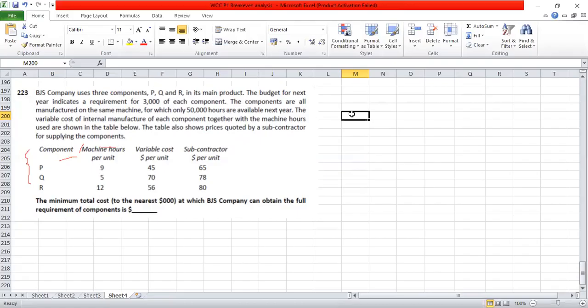The table also shows prices quoted by a subcontractor for supplying these components. We have components P, Q, R, machine hours per unit, variable cost per unit, and subcontractor cost in dollars per unit. The minimum total cost at which the company can obtain the full requirement of the components is.